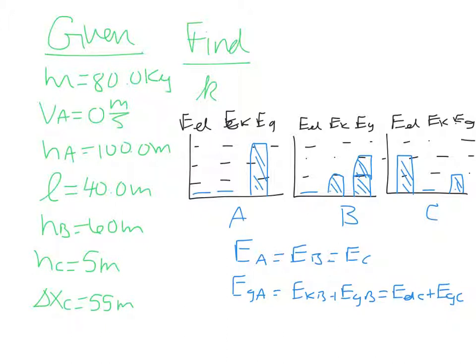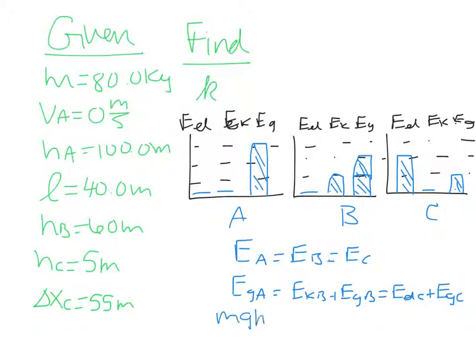I don't know the speed at B, and it's actually irrelevant since all I'm looking for is spring constant. So I can solve this problem by just setting my energy at A equal to my energy at C. So I'll still break all of these apart into their equations, but we're only going to end up using A and C.